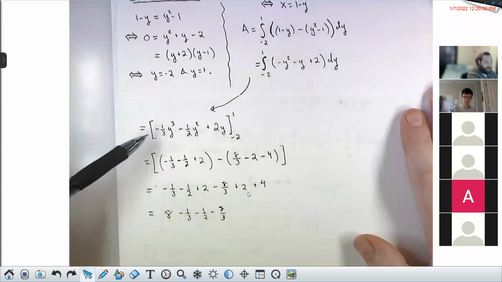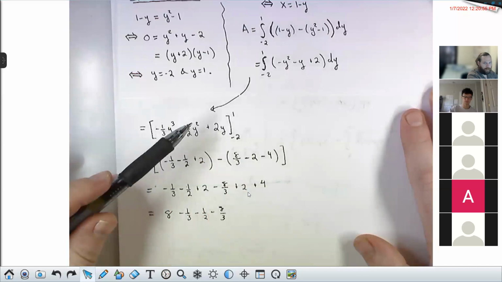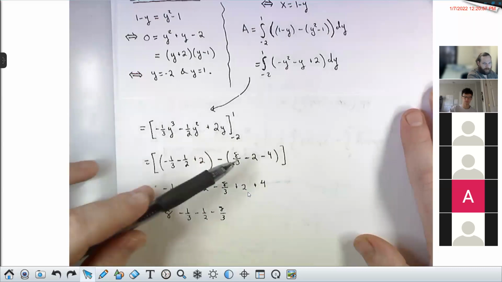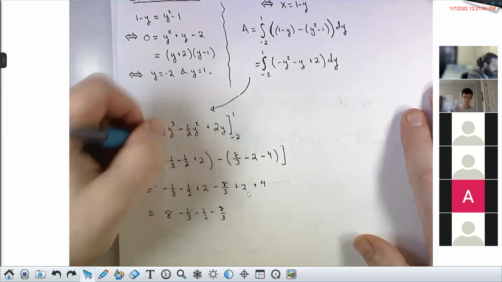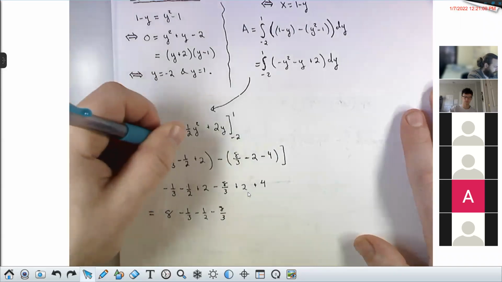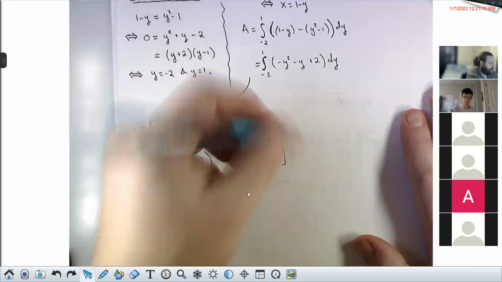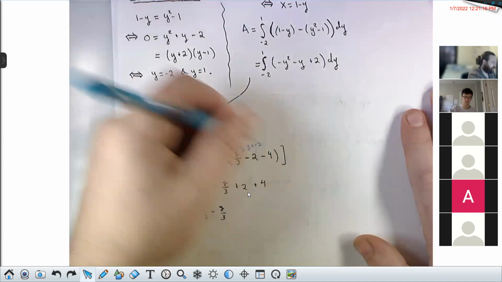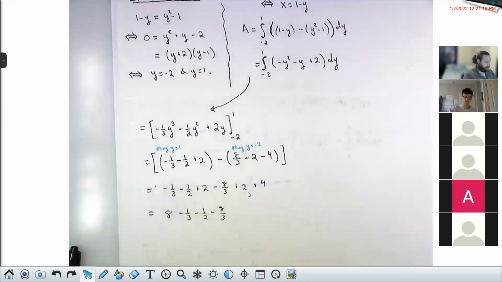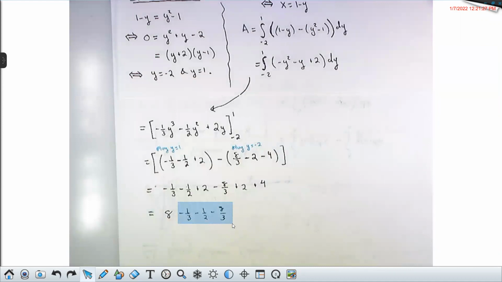The step to go from here to here is just plugging in 1 and then subtracting what you get when you plug in negative 2. So this piece, I'm not going to go back through those details, but you can annotate. This came from plugging y equals 1, and this came from plugging y equals negative 2. Okay, and then to combine these ratios, the negative 1/3 and the minus 8/3, I can combine those right away.